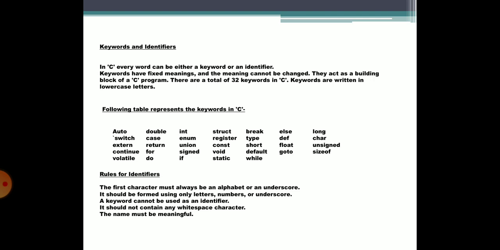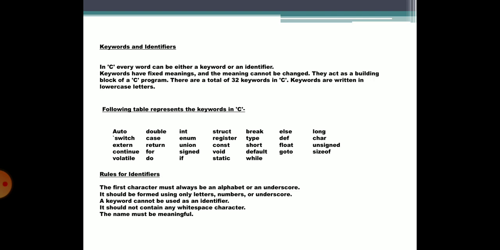There are some rules for forming identifiers. The first character must be an alphabet or an underscore. Underscore is also permitted as the first character. It must contain only letters, digits or underscore. No other special symbols are allowed in forming an identifier.